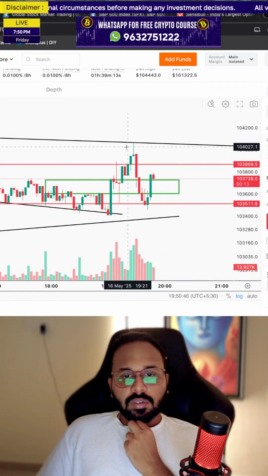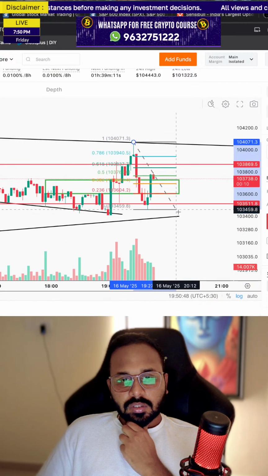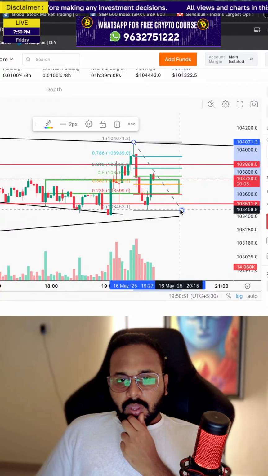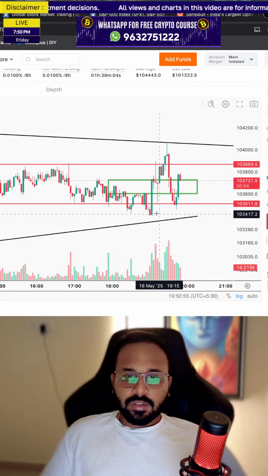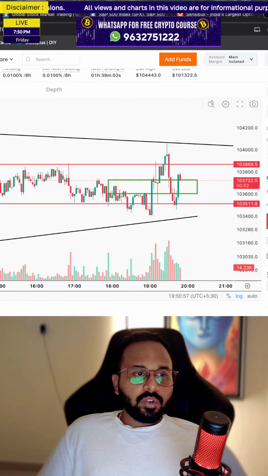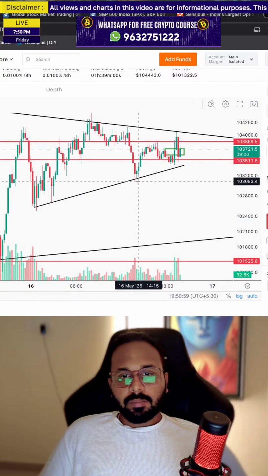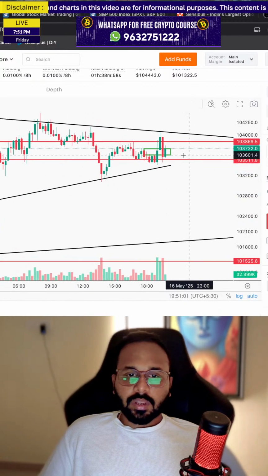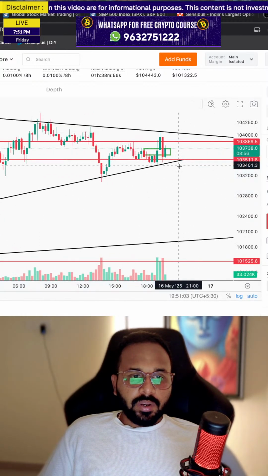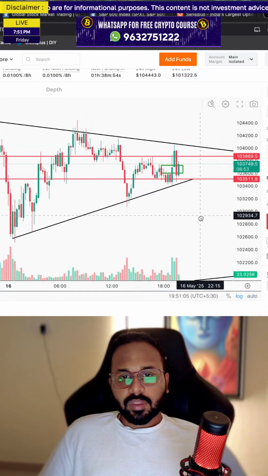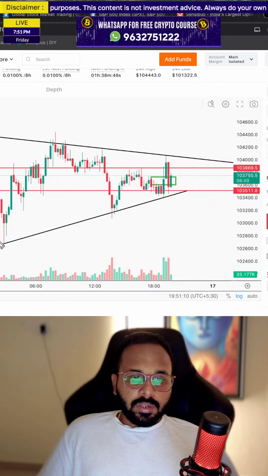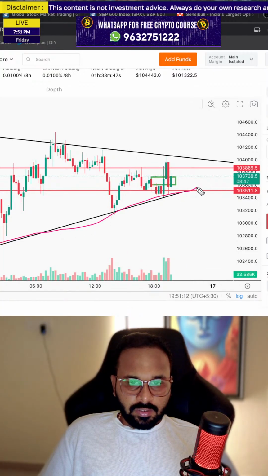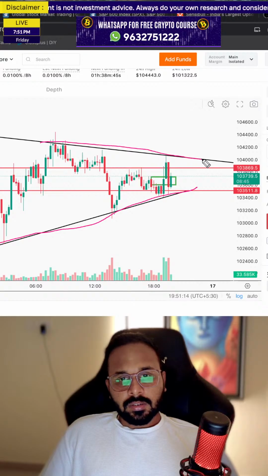Is the seller strong? Now what we will do, rather than all these levels, we will switch to the 15 minutes time frame. In the 15 minutes time frame, what is the trend? This is the support, this is the resistance.